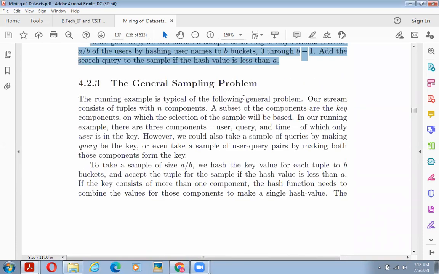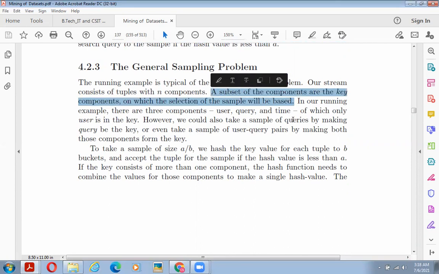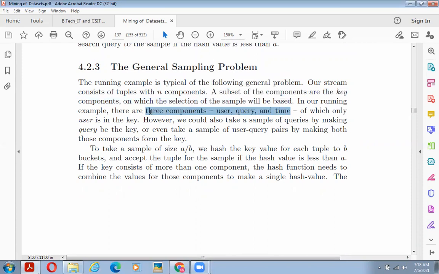So the running example is typical of the following general problem. Our stream consists of tuples with n components. A subset of the components are the key components on which the selection of the sample will be based. In our running example, there are three components: user, query, and time, of which only user is the key.